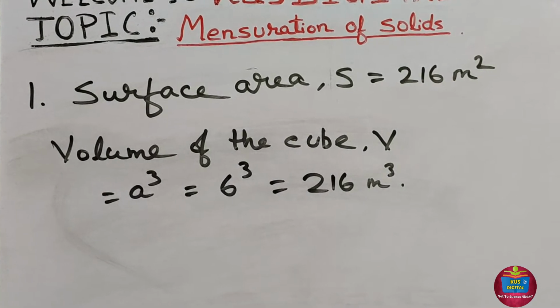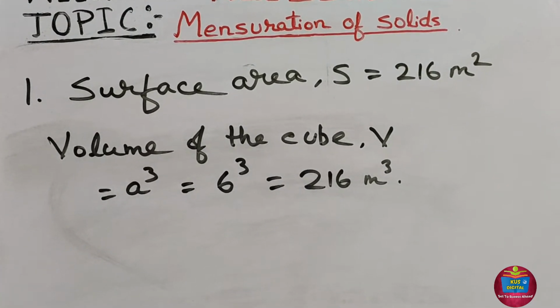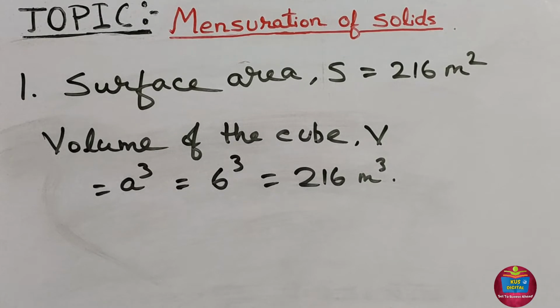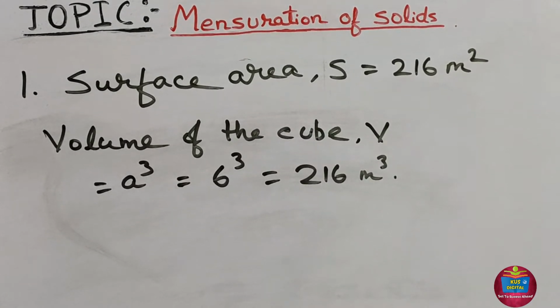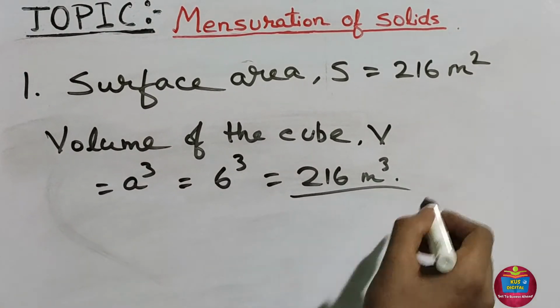So the surface area and volume in this case is the same. So the volume of the cube is 216 meter cube. So that's how we have to find out.